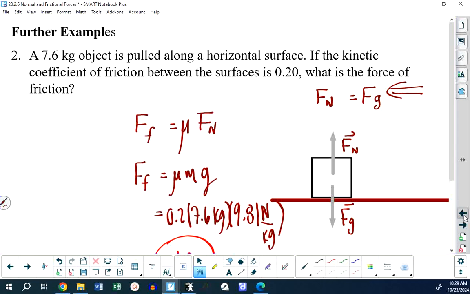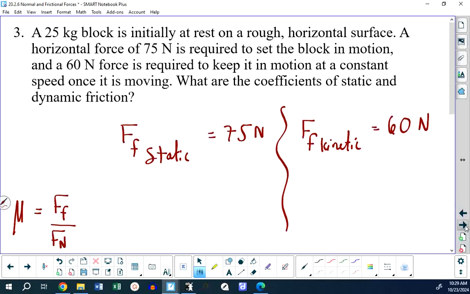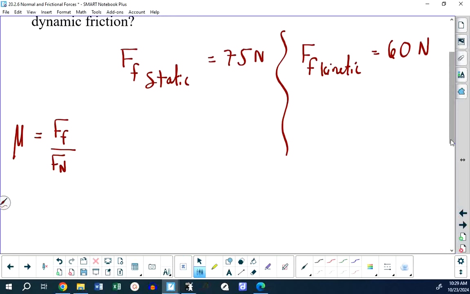I'm not going to be drawing it all the time. What I'm going to do is say that since it's on a horizontal surface, we can calculate this instead by doing that. Because the amount of the normal force and the amount of the force of gravity are the same amount.